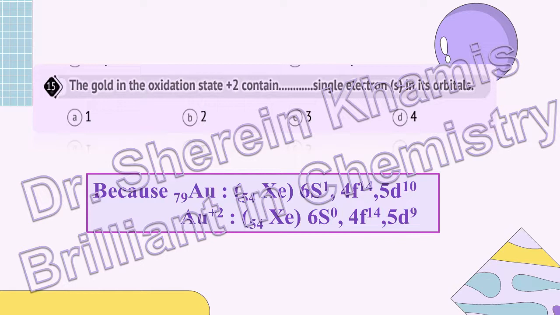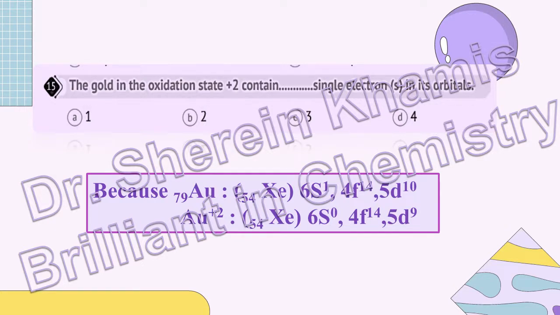If we make it in the oxidation state plus 2, which number of single electrons do we have in its orbitals? It means that by changing it into an ion, how many single electrons do we have in all of the orbitals in the case of the ion plus 2?